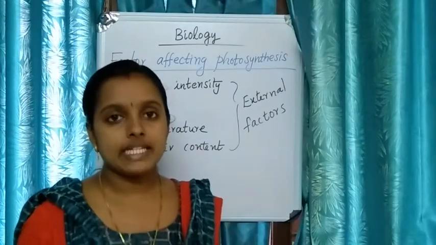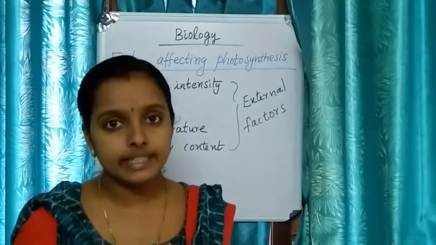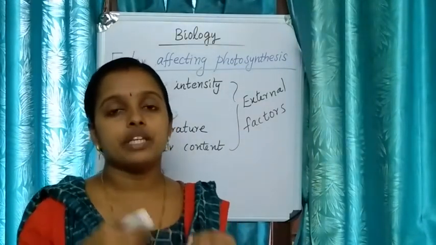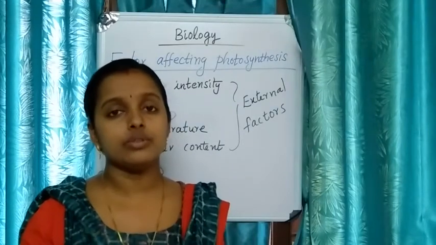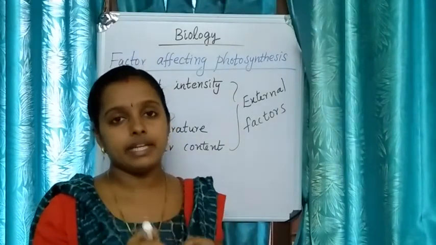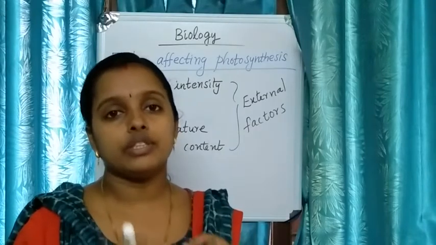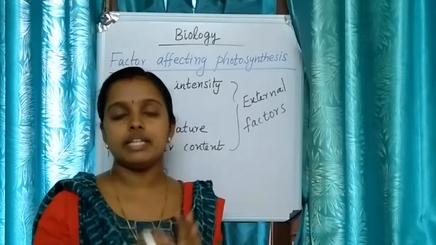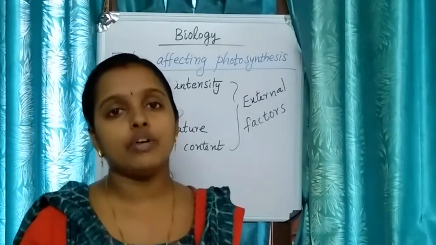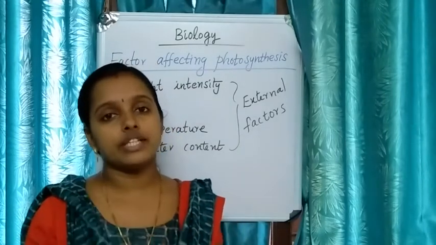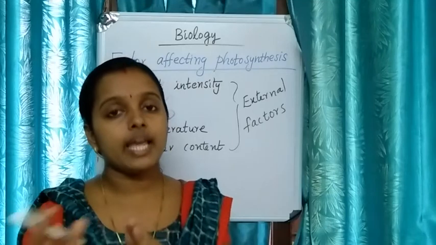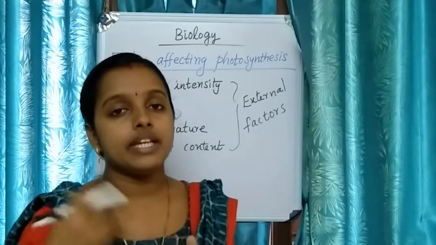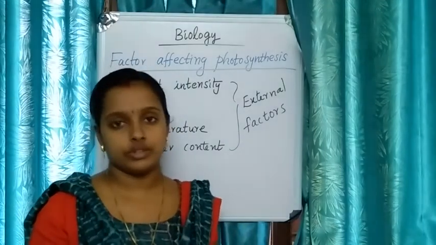After that particular limit, if we again increase the light intensity, the rate will reduce, because at high light intensity the chlorophyll will be destroyed. So up to a certain limit, if we increase the light intensity, the photosynthesis rate also will increase. But after a certain limit, if we again increase the light intensity, it will adversely affect the rate of photosynthesis.